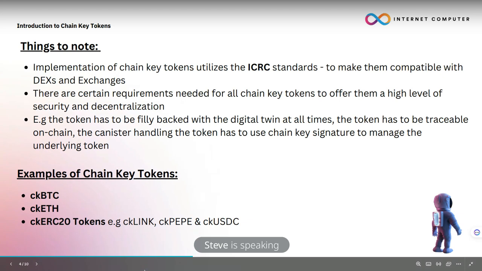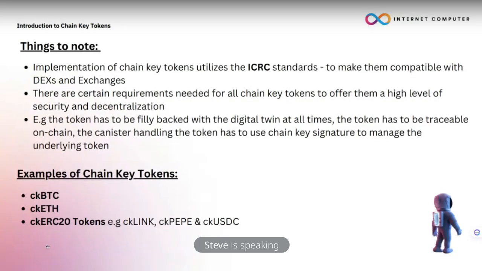As you are aware, we have different forms of the ICRC standard. We have ICRC1, we have ICRC2, and so on. These chain key tokens normally use the most commonly used standard, which is the ICRC2 standard, because it has better features compared to the ICRC1 standard.